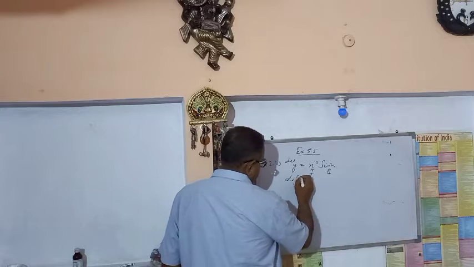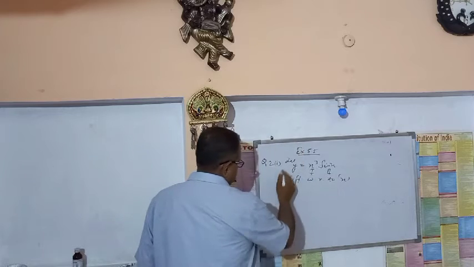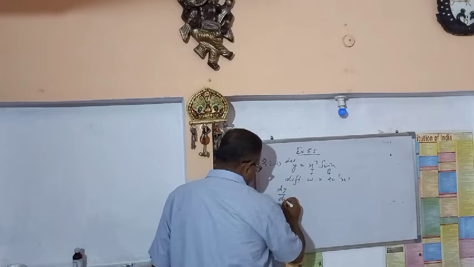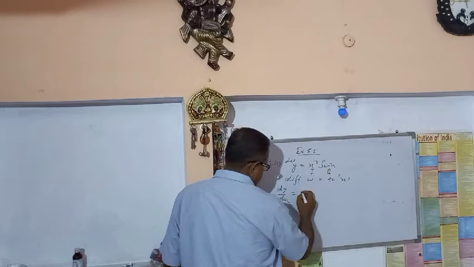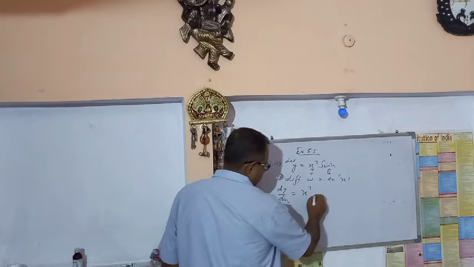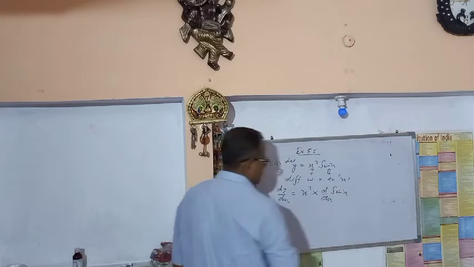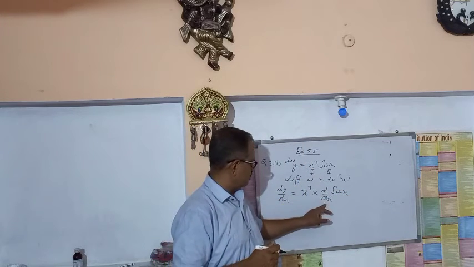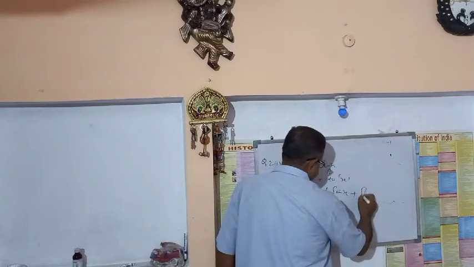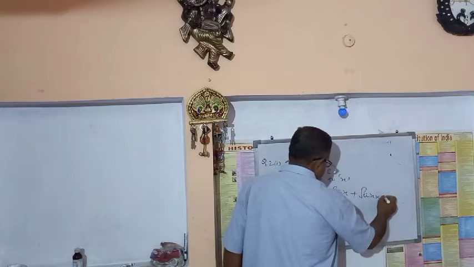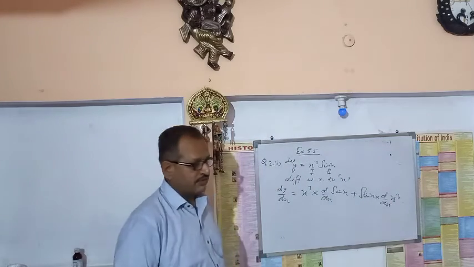Again write, differentiating with respect to x. So on the left side it is dy by dx, and on the right side, what is the rule? First function into derivative of second. So first function x cube into dy by dx of sin x, plus second function sin x into dy by dx of x cube.